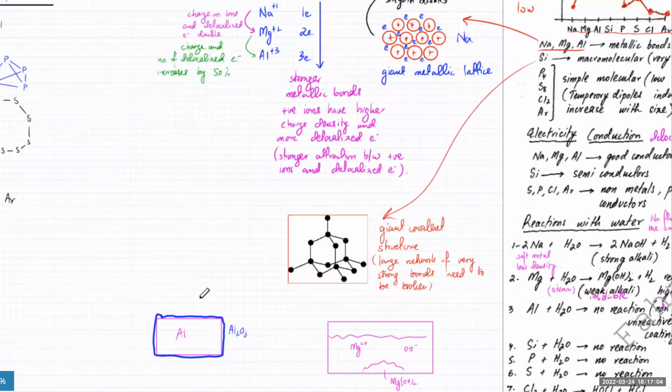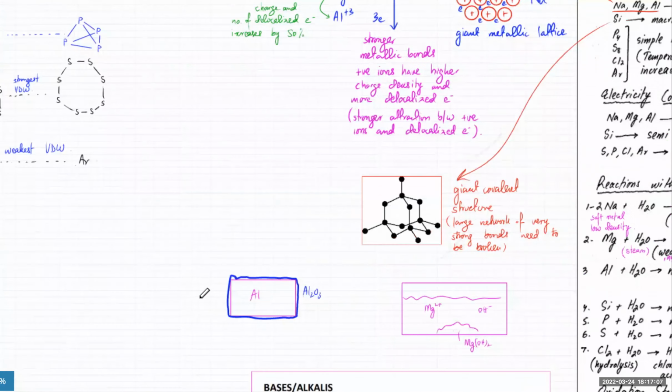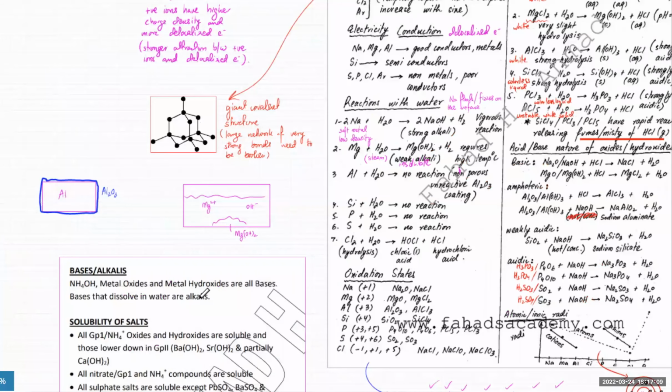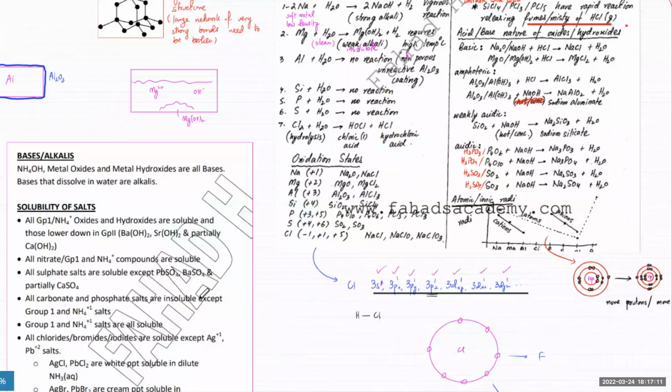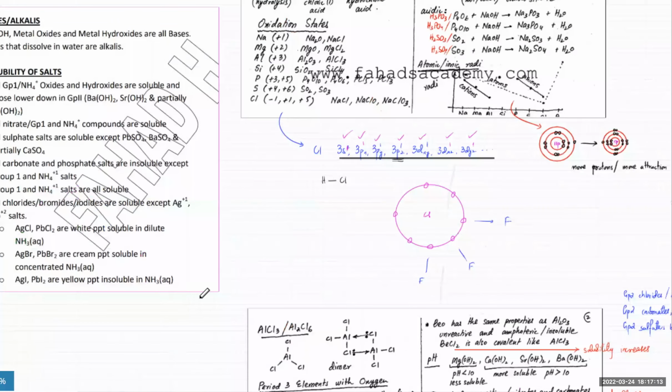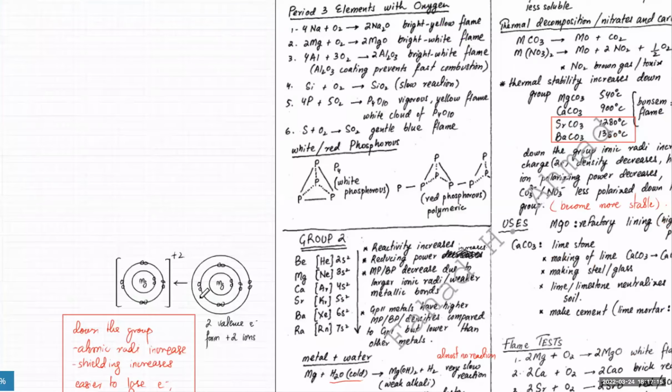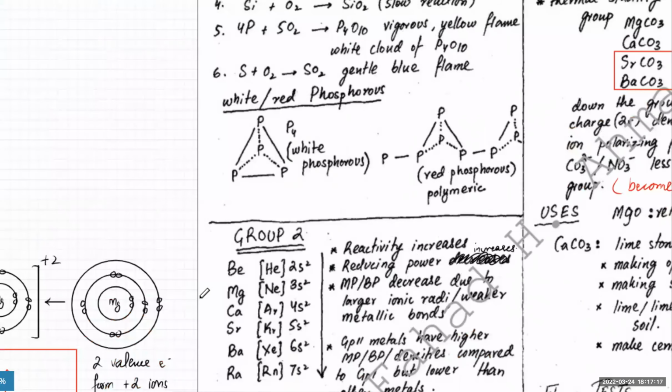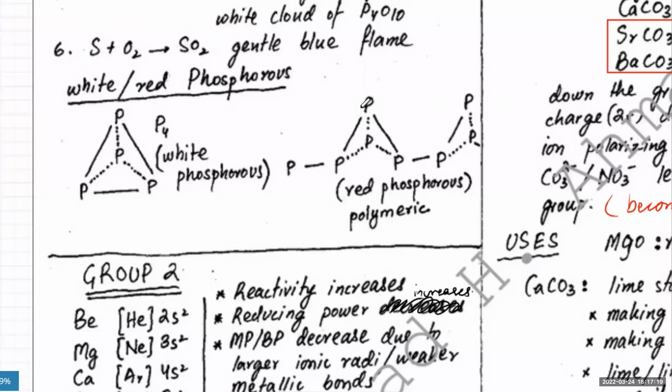Is this given somewhere? One second, it will be given on the next page. Yes, it's given, polymeric form. So white and red phosphorus, one is a polymeric form. It's given in the same notes. Phosphorus makes 3 bonds, so it's like a pyramidal structure with 4 phosphoruses bonded to each other.